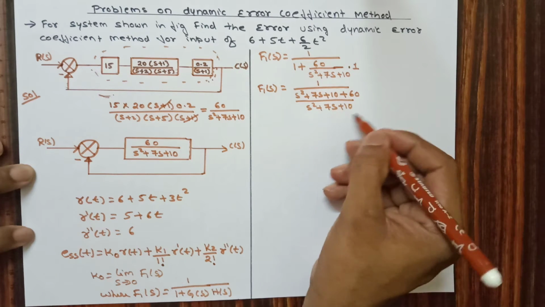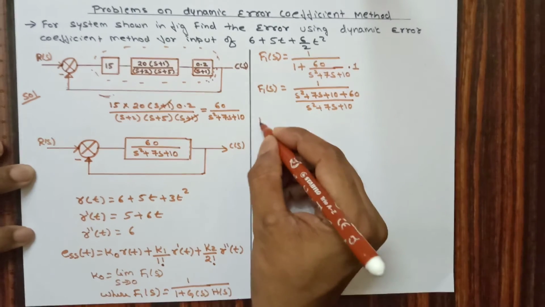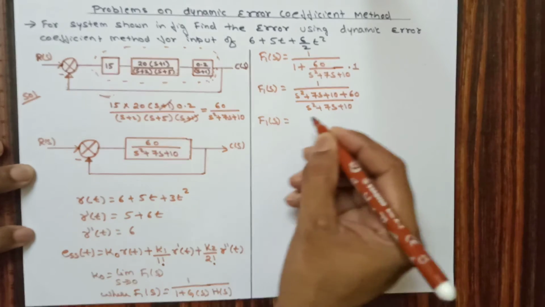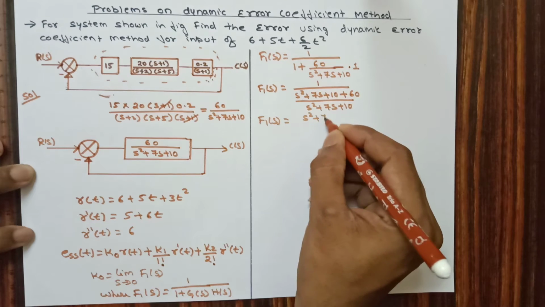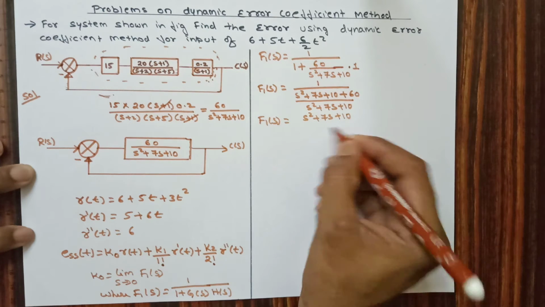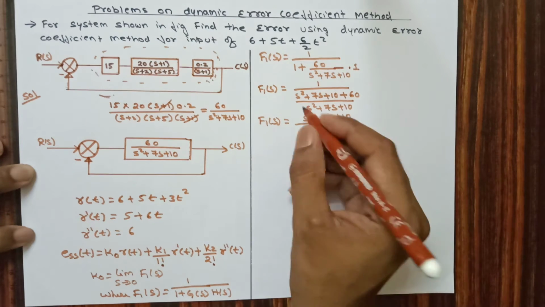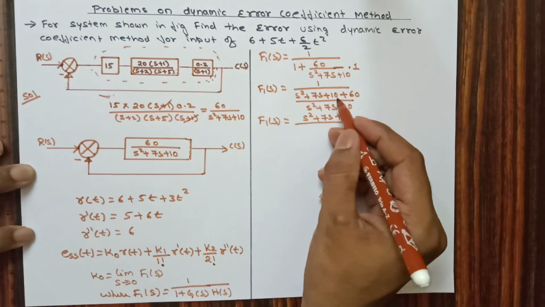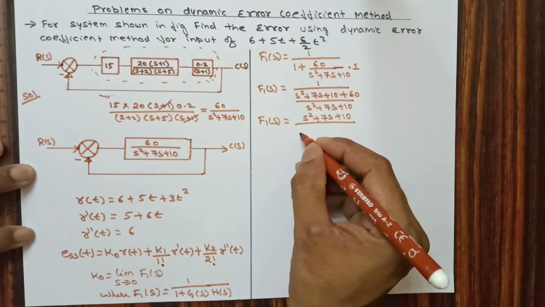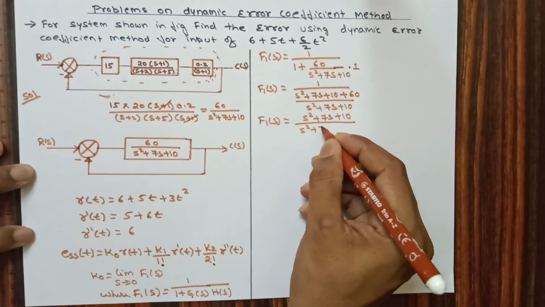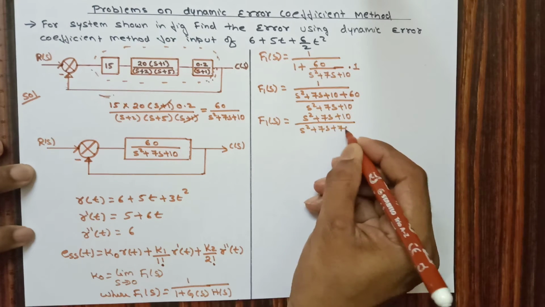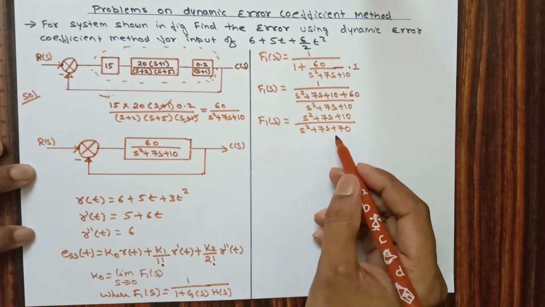Taking this denominator to the numerator, we get F1 of s is equivalent to s square plus 7s plus 10 divided by this value. By adding 10 plus 60 we get 70, so s square plus 7s plus 70. This is the F1 of s value.